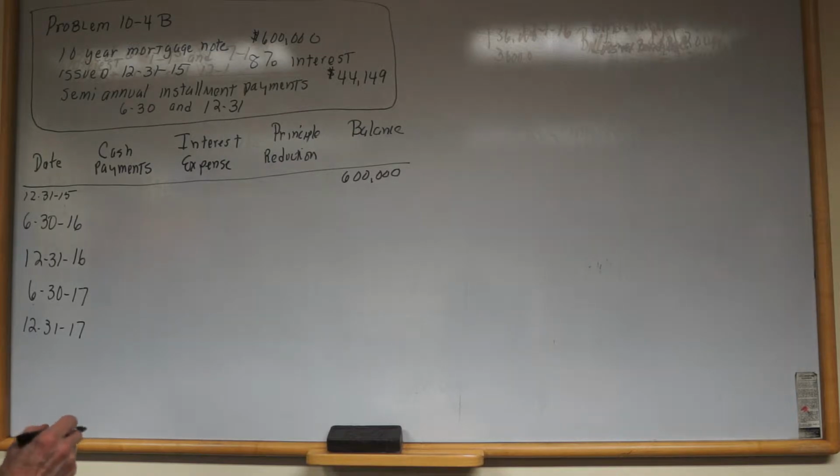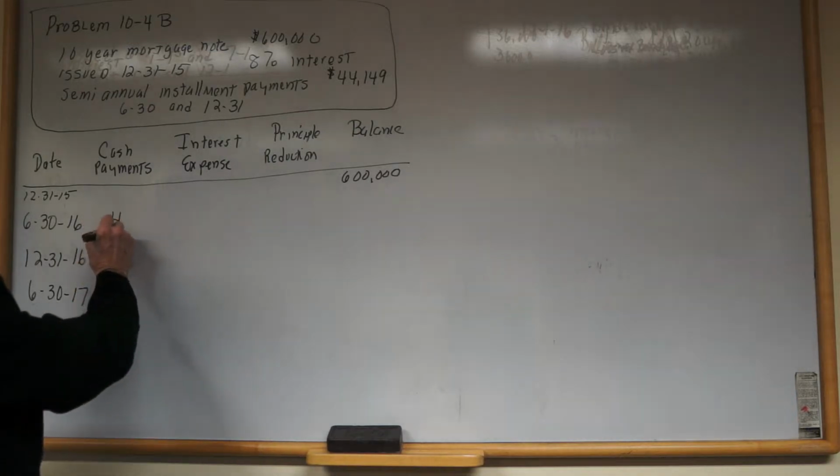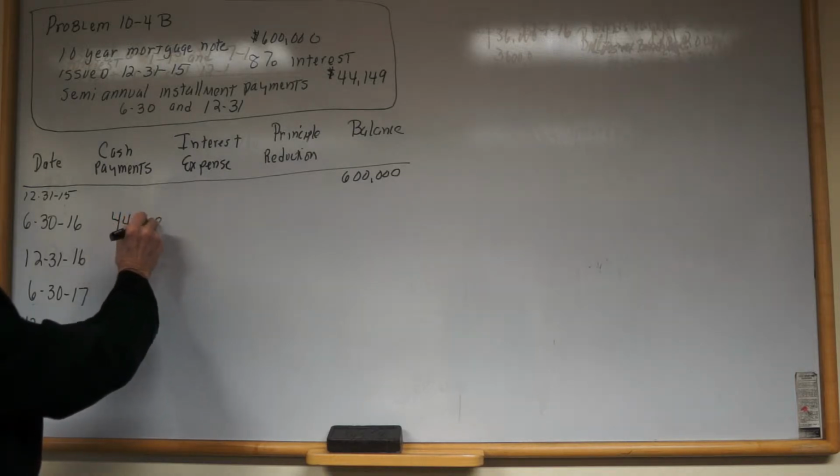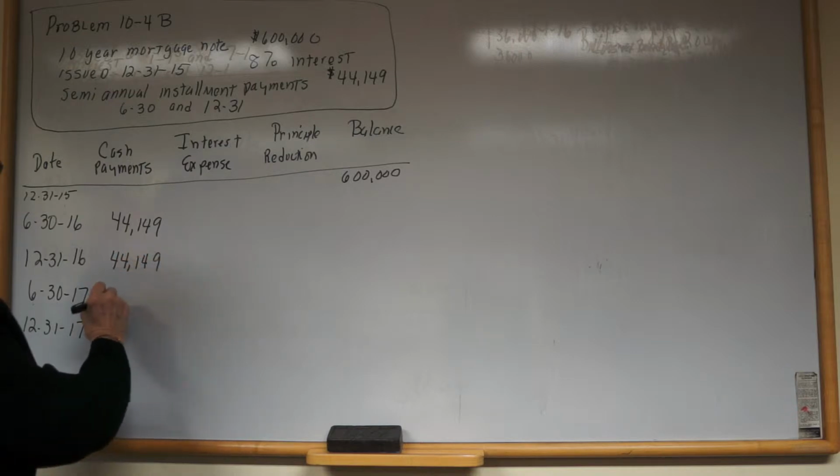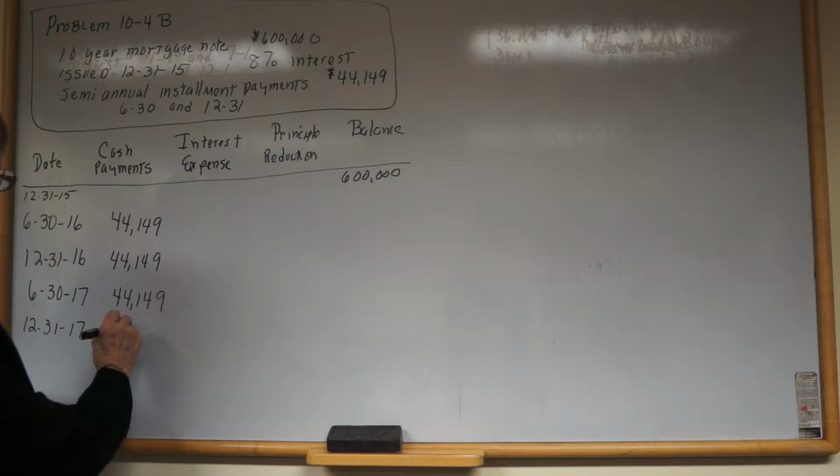Okay, so our payments are going to be a set amount. They're going to be that $44,149. So we can just fill all this in. Each time we're going to make the same payment of $44,149.